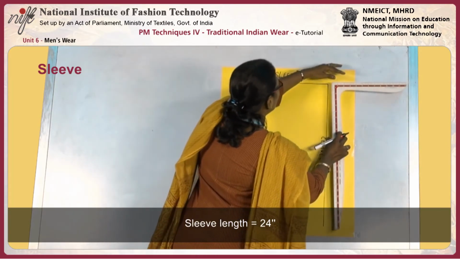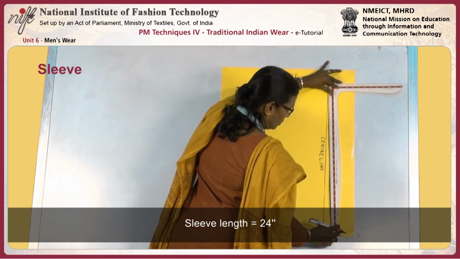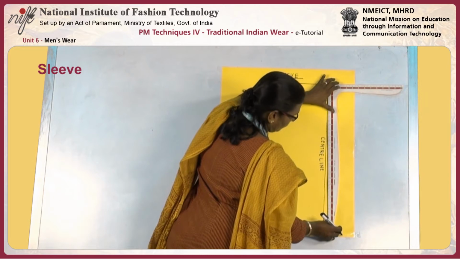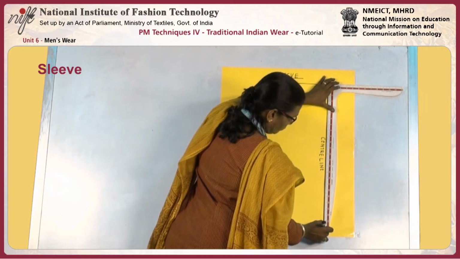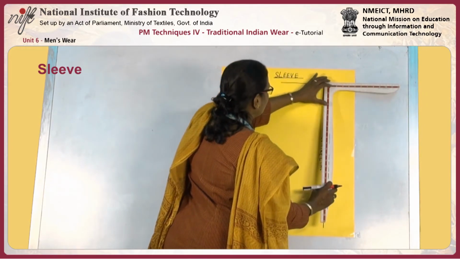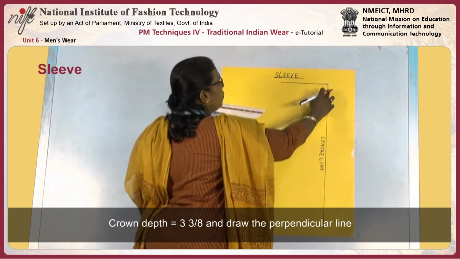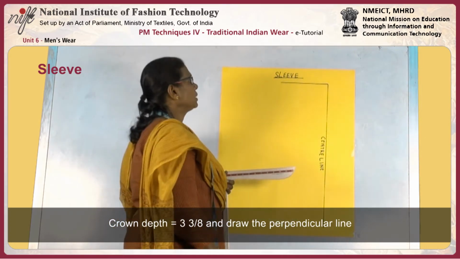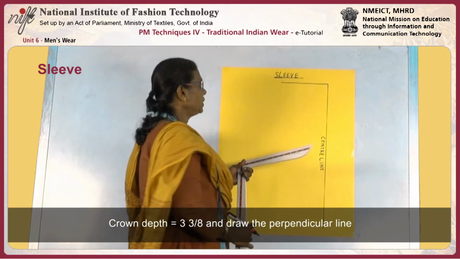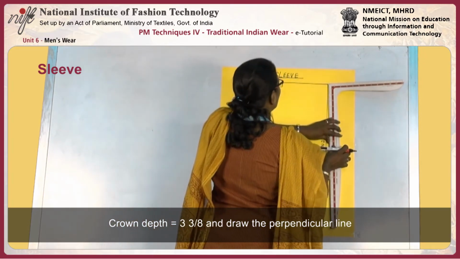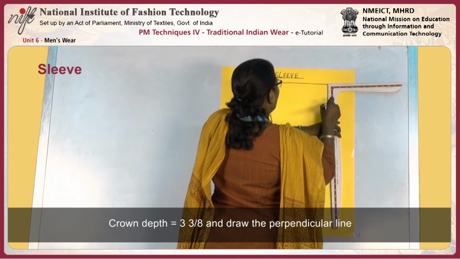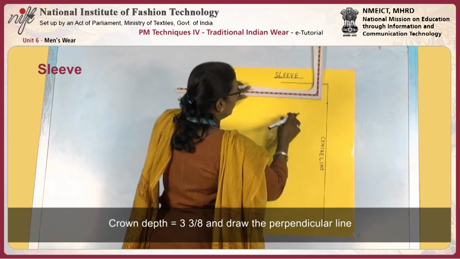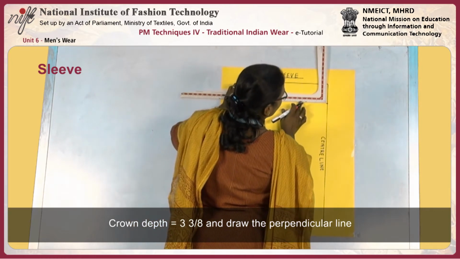The sleeve length is 24 inches. And the crown depth is chest by 12 plus seam allowance 3/8 of an inch. Draw a perpendicular line as the bicep line.